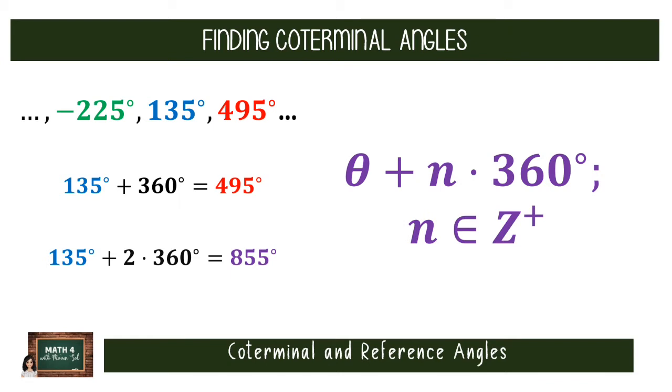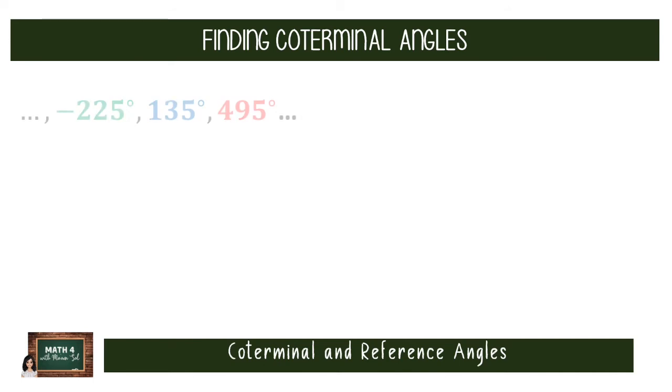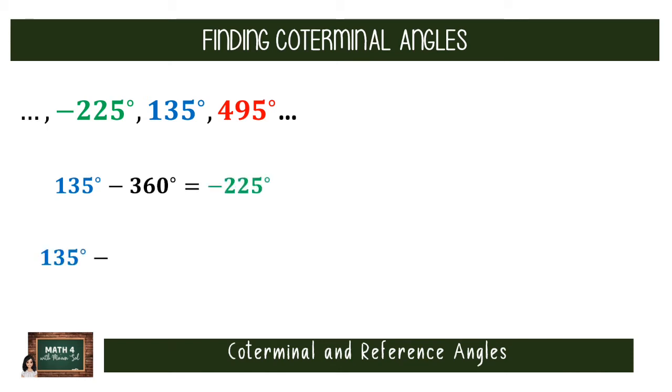We follow the same logic for obtaining negative angles coterminal with the given angle. From our given angle 135 degrees, we subtract 360 degrees and obtain negative 225 degrees. Subtracting 2 times 360 degrees, or 720 degrees, from it, we obtain negative 585 degrees, the next negative angle coterminal with 135 degrees.